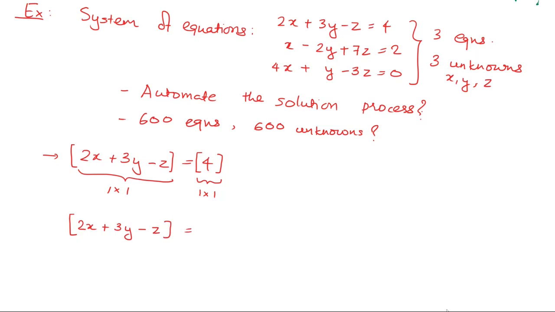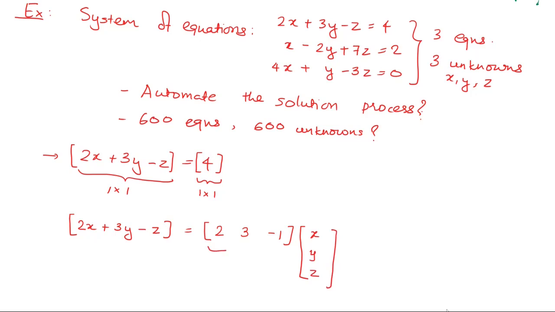I can also write them as a multiplication of a row vector and a column vector, where my row vector would be 2, 3, minus 1, which are simply the coefficients of our unknowns. And the column vector would be the unknowns x, y, and z.